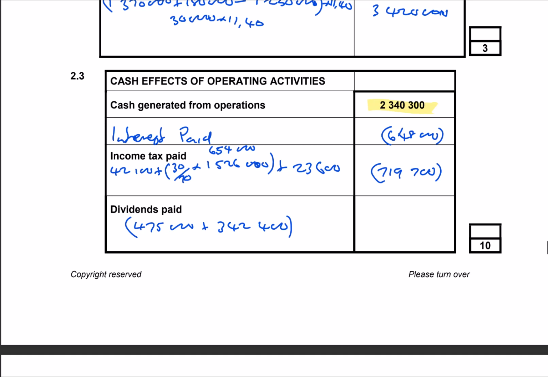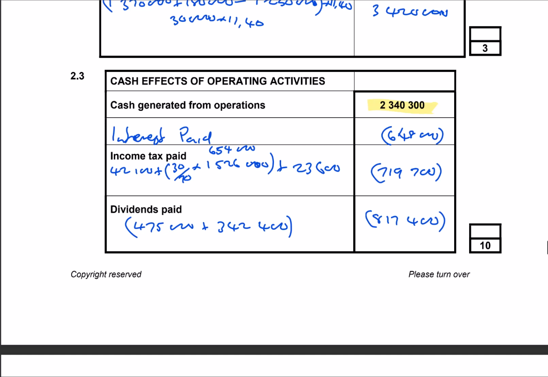So that will be 475,000 plus 342,400, that is 817,400. And again, please make sure all these are outflows. Just make sure you put them in brackets.